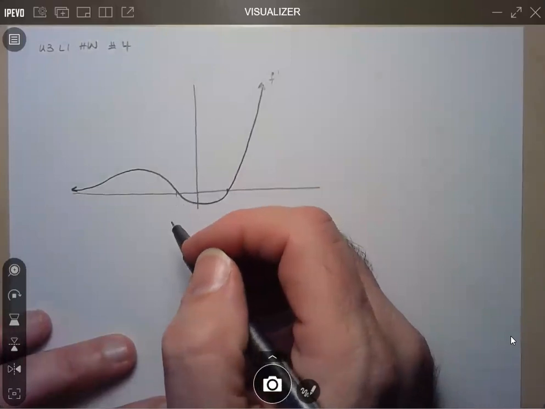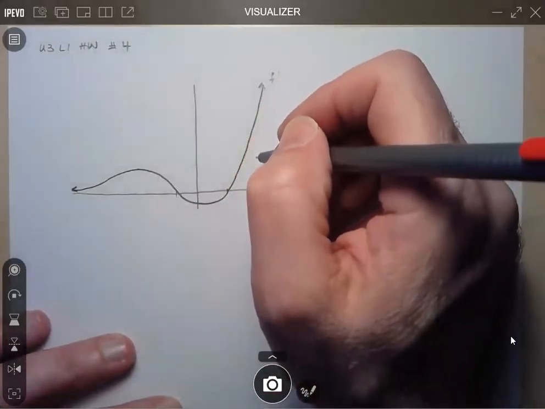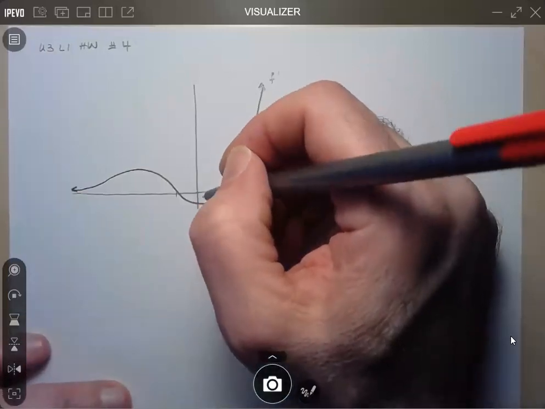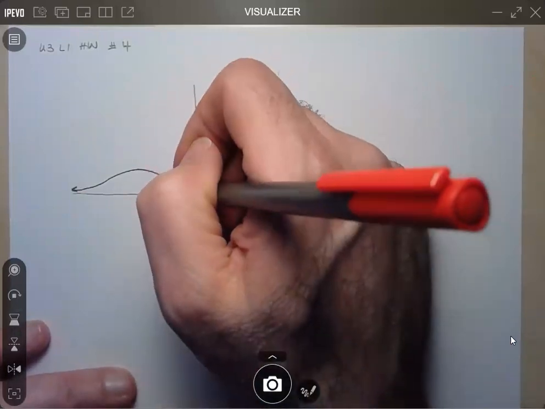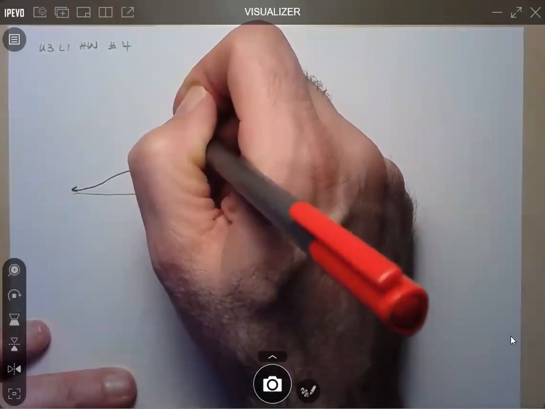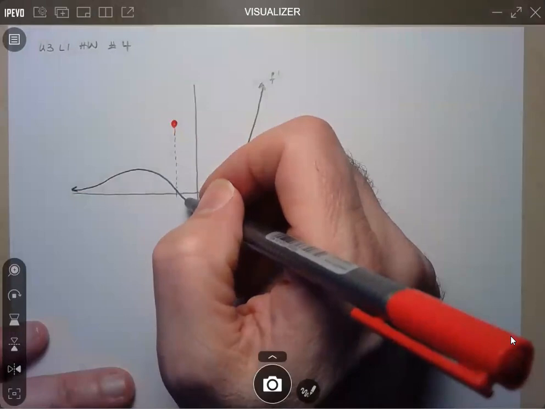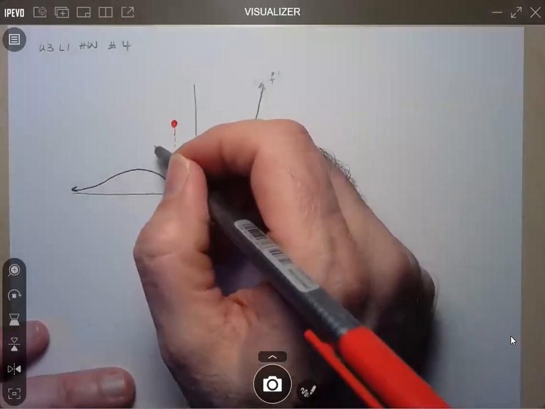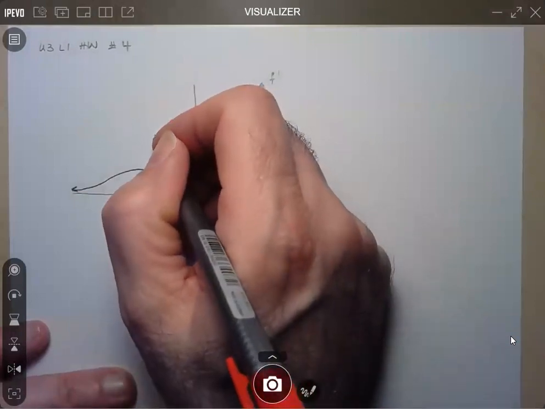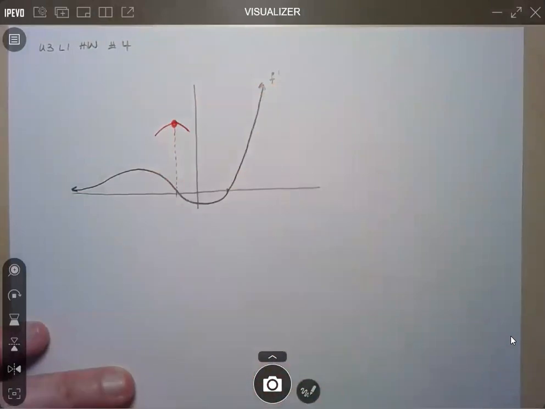Now, of course, what the derivative doesn't give me any information about is the value of the function. So I'm just going to pick some generic value here. There you go. Let's say this is the y value. I know that it's going from positive to negative, so it must be going from increasing to decreasing. So there must be a local max at this value here.